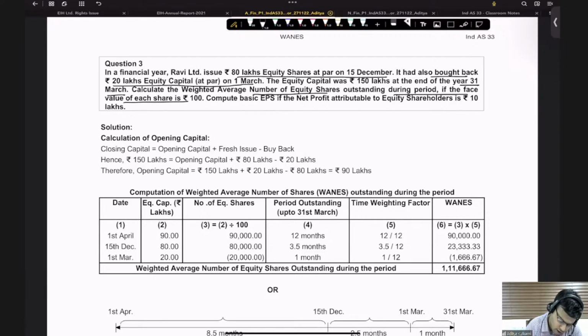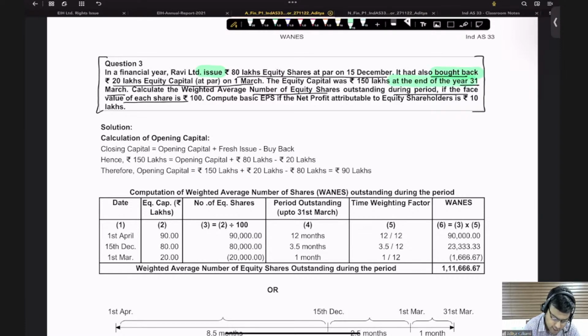Okay, so in a financial year, now this is your question. We have to calculate the weighted average number of equity shares. So what is given to us? We have the issue in the current period, we have a buyback, and we have the closing capital at the end of the year.